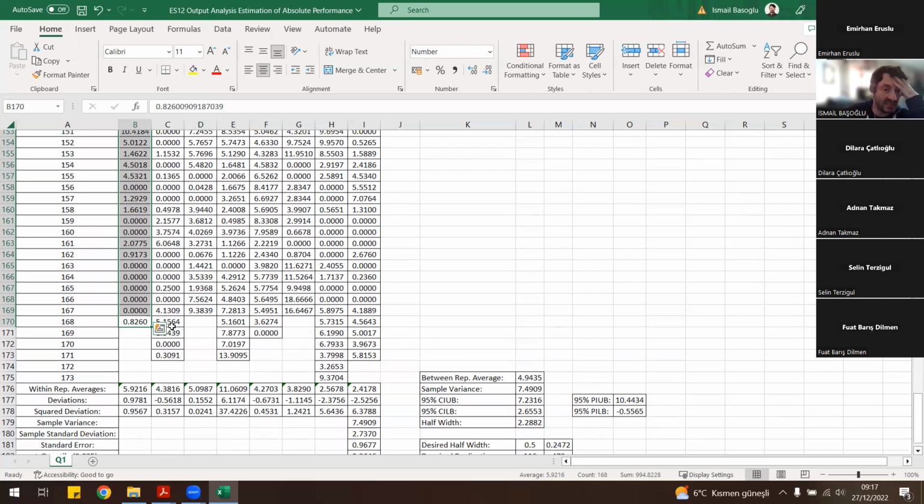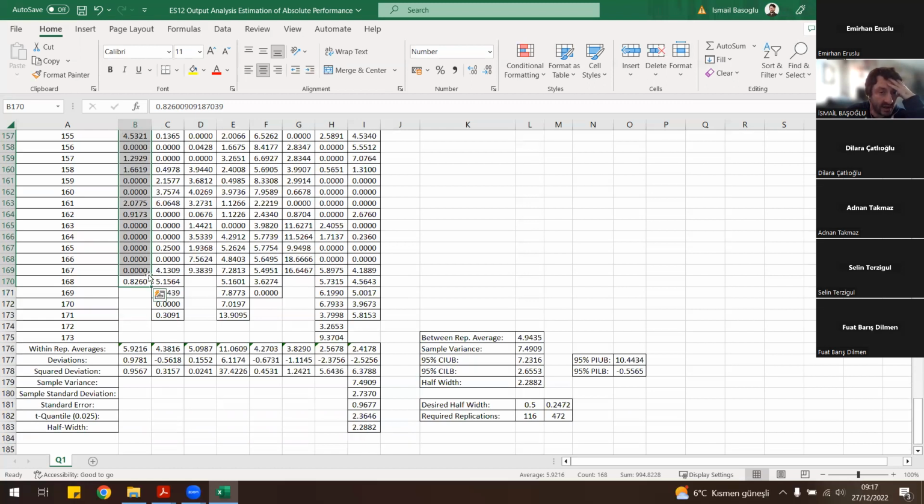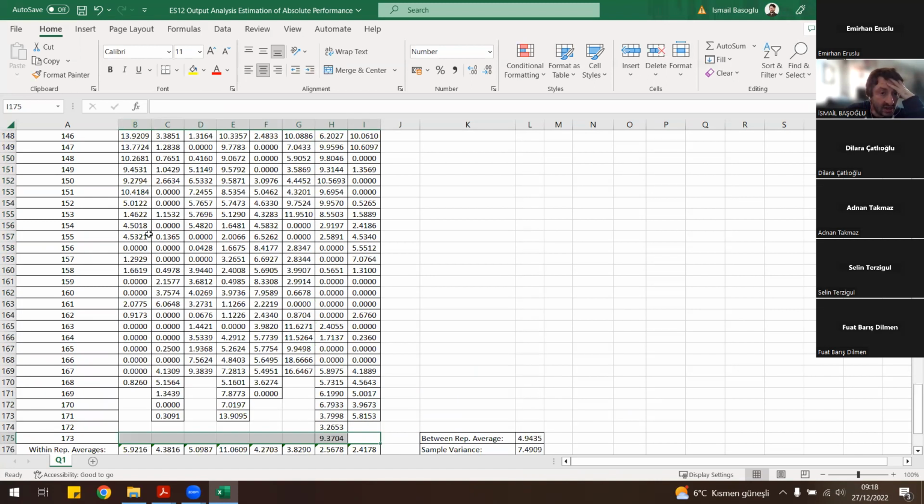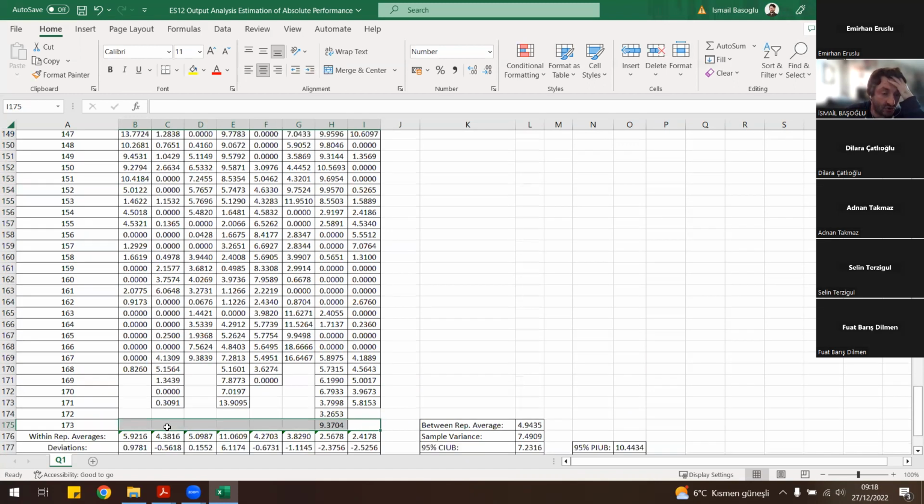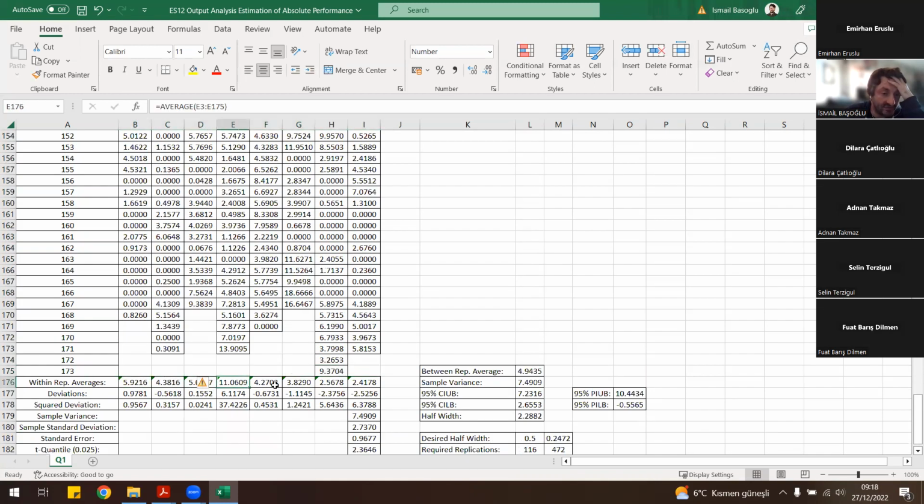So what I'm going to do is this. I am going to perform replications. There are 8 replications here. In each replication, we are using a different random number sequence. Therefore, the outputs of the replications are definitely independent from each other. The within-replication averages are definitely independent from each other.